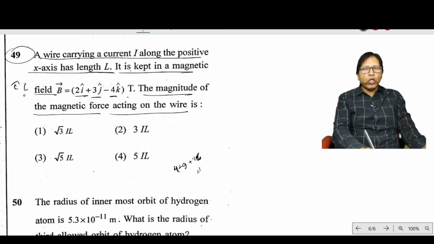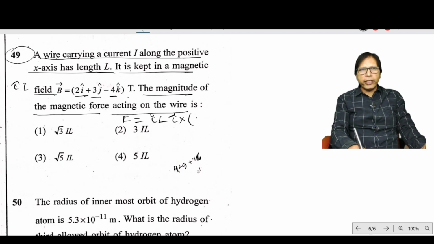So the force F vector is I L, i cap cross 2i cap plus 3j cap minus 4k cap. Now i cap cross i cap is 0.